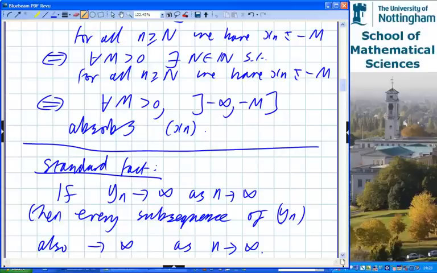So that's just like the usual thing that if a sequence converges, then every subsequence also converges to the same limit. Well, this also works for this kind of divergent sequence.